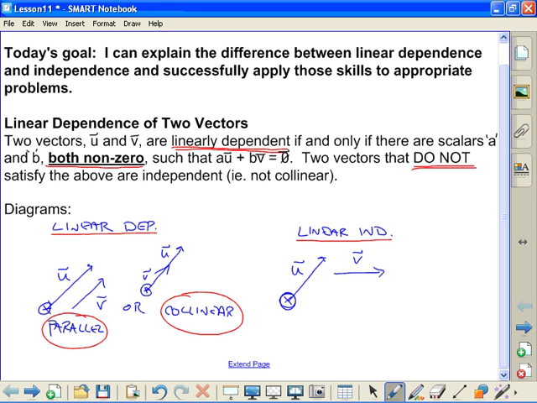So linear independence is when you have non-collinear or non-parallel vectors. All right. So there's linear dependence and independence in two space. So dependence, you can get back to your starting point. Independence, you cannot. You'd have to create a new vector to get from head to tail.